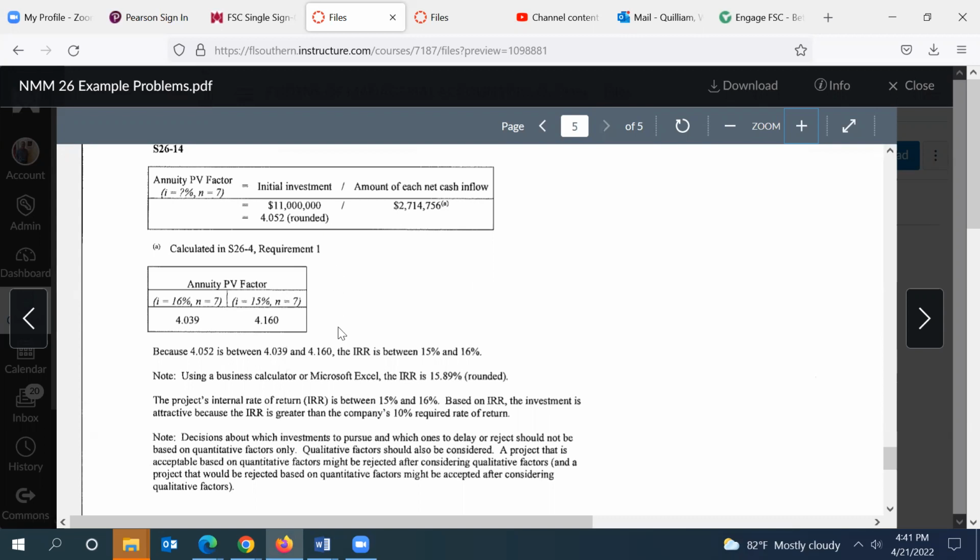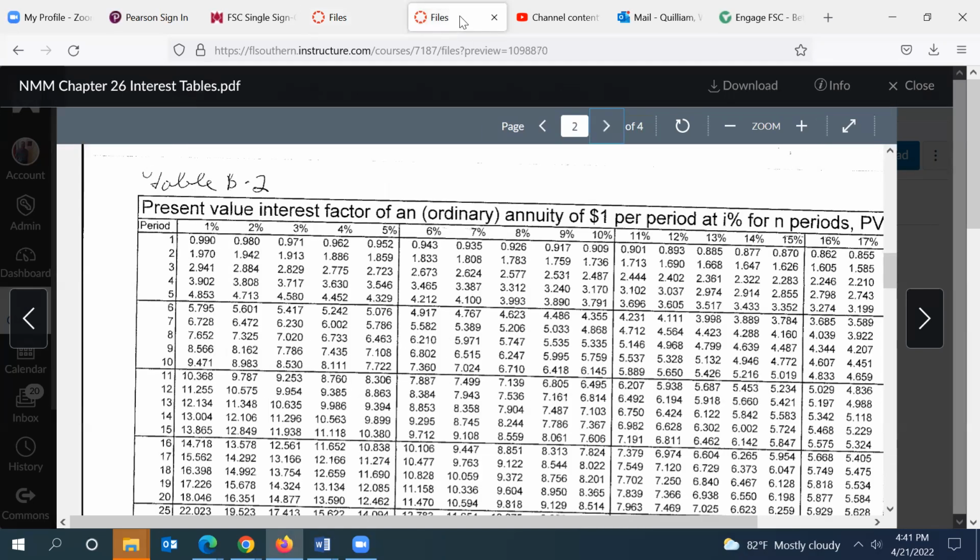Now, once we've done that, we're going to go to the present value table and see if we can locate an interest factor really close to that. The interest rate corresponding to that factor will be up here at the top, but the number of periods we want is 7.